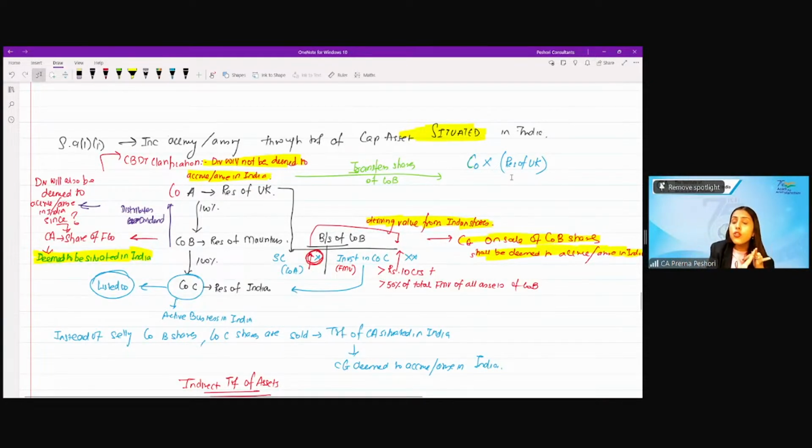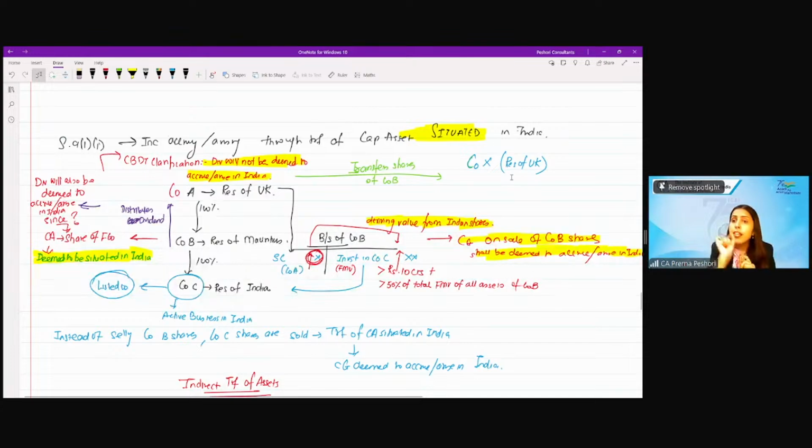Secondly, one who habitually maintains a stock of goods and regularly delivers therefrom. Third, one who habitually secures orders mainly or wholly for the non-resident or its related parties. If that be the case, a business connection will be constituted.